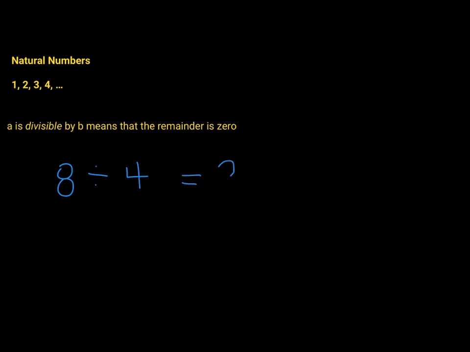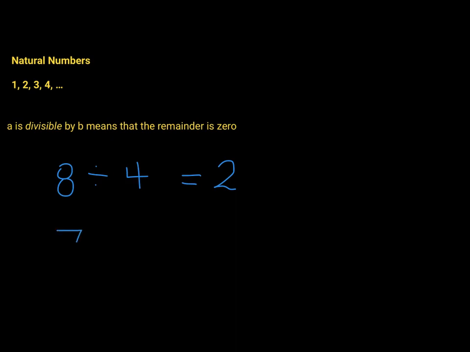Let's talk about divisibility. If I have 2 numbers, let's say A and B, A is divisible by B means that the remainder is 0. For example, we know 8 is divisible by 4. How do we know that? Because the quotient would be 2 and there's no remainder, or the remainder is 0.